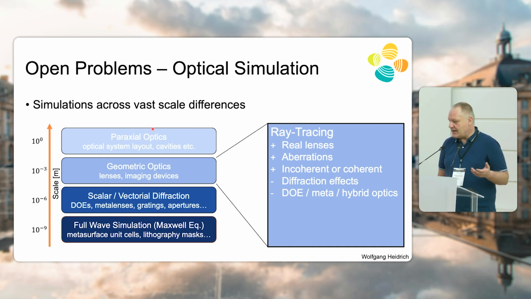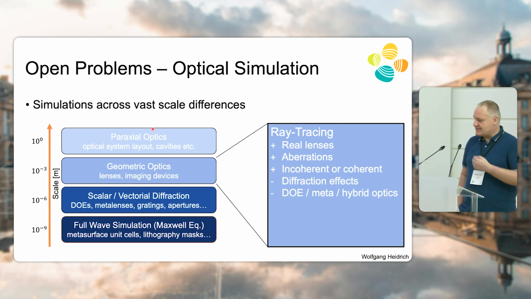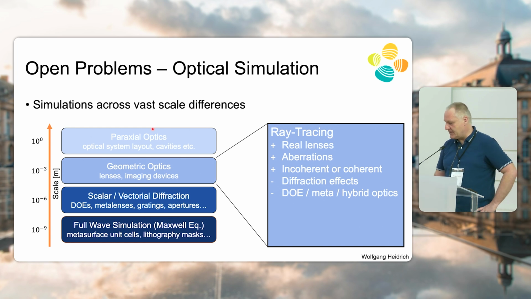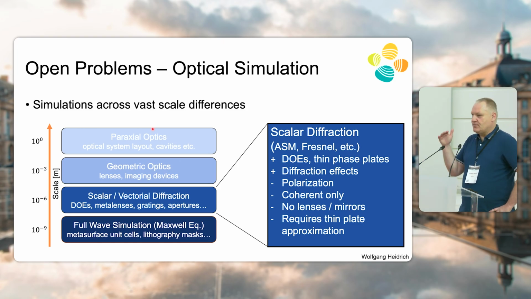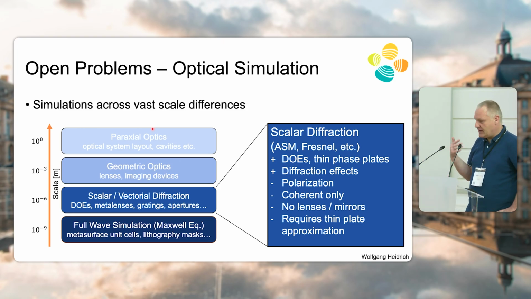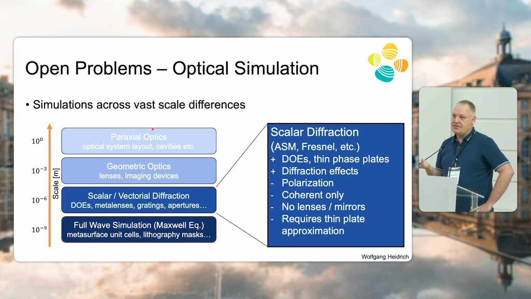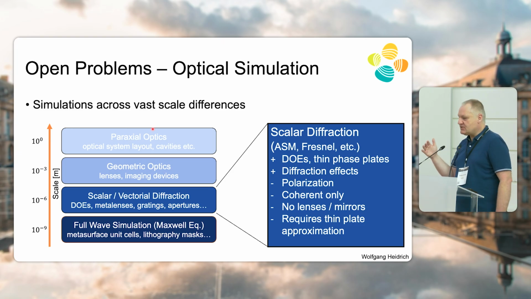But it lacks the diffraction effects, and it lacks the ability to deal directly with DOEs and metasurfaces and other hybrid optical systems, right? So then, next down are these scalar diffraction models, right? So basically where there's Fresnel propagation, the angular spectrum method, the Rayleigh-Sommerfeld integral, all those kinds of things. They're working with DOEs. They make the so-called thin plate assumption, which I'll get to.